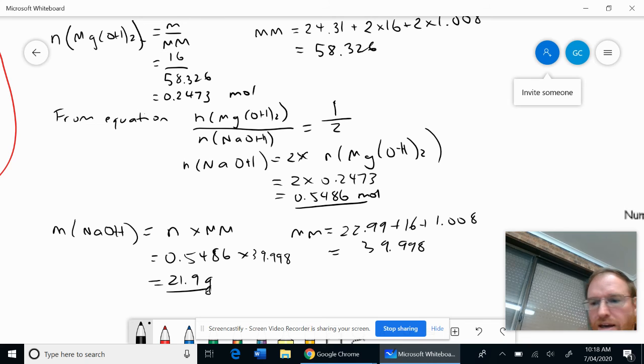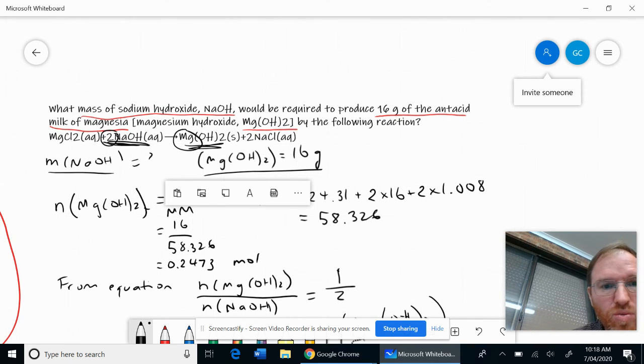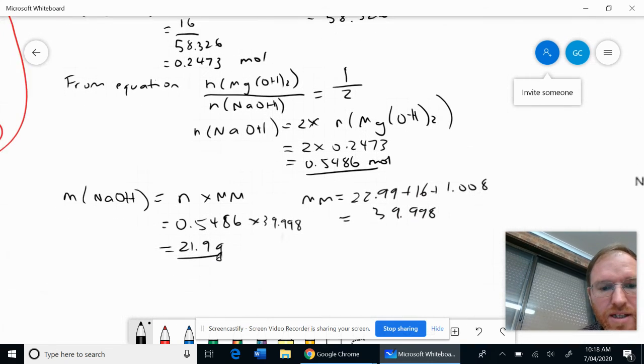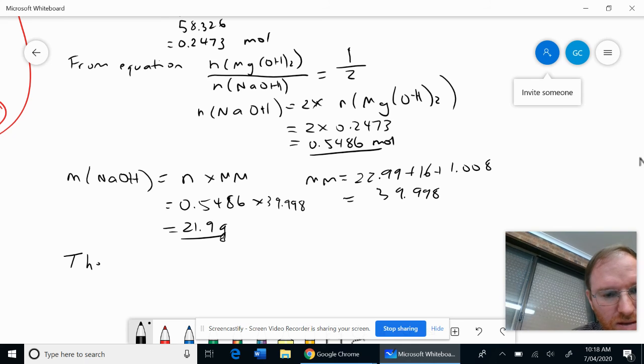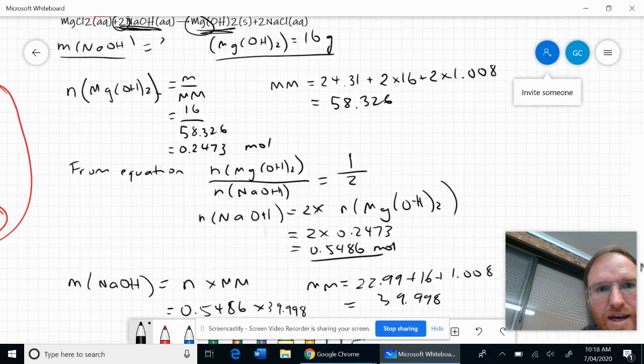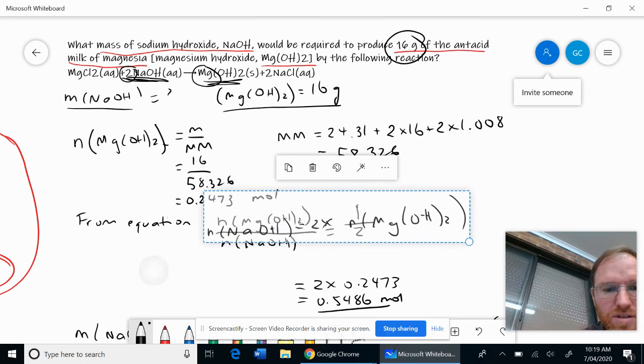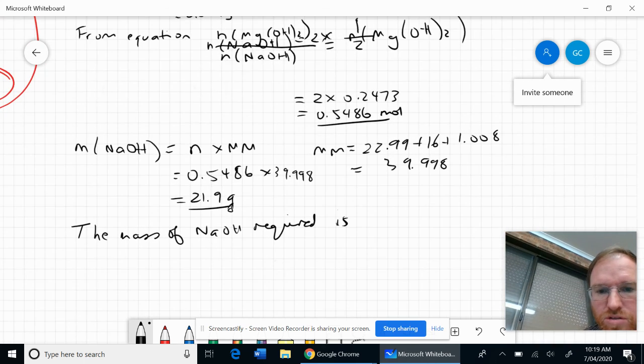There's my answer. And normally, on a long question like this, I would write a clear answer. I would look back at the question, check I've understood it: what mass of sodium hydroxide would be required. And down here, I would write the mass of NaOH required is, and because in the question we only had two significant figures, 16 grams, I would drop this to two significant figures.